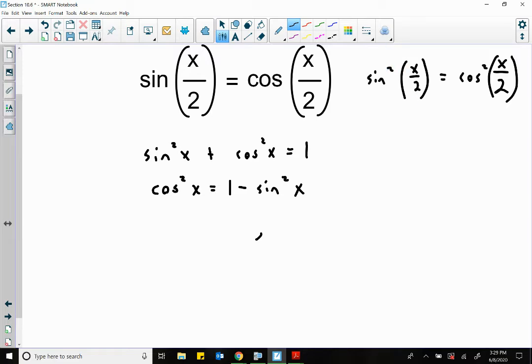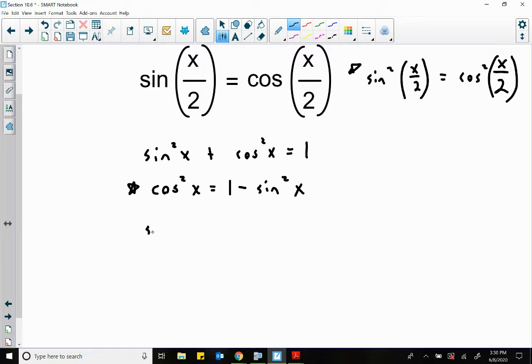So with this being known, and with this being known, we can do some exchanging, and we can solve. We can trade the cosines out.